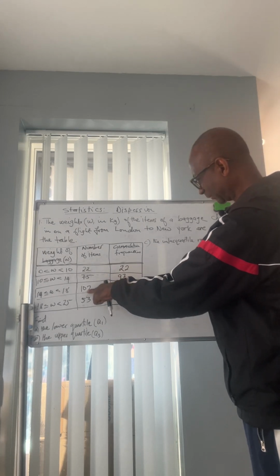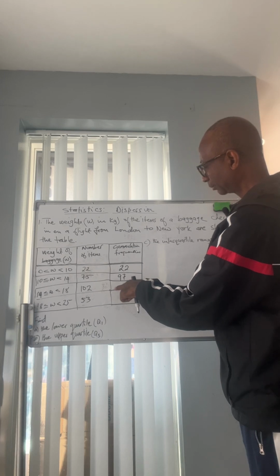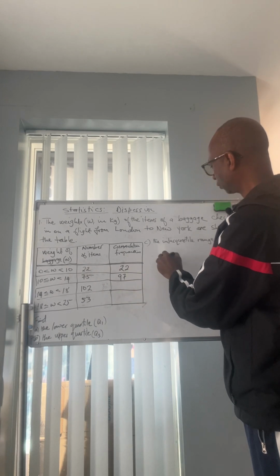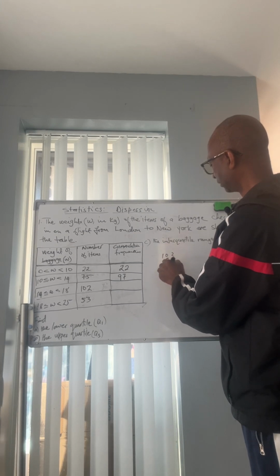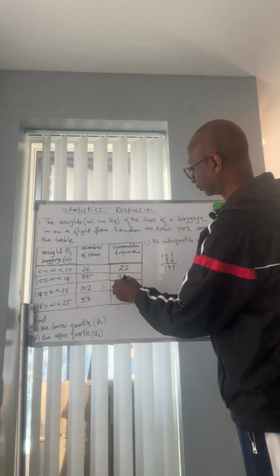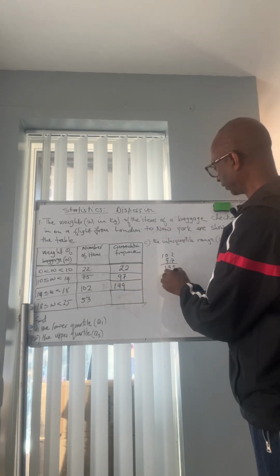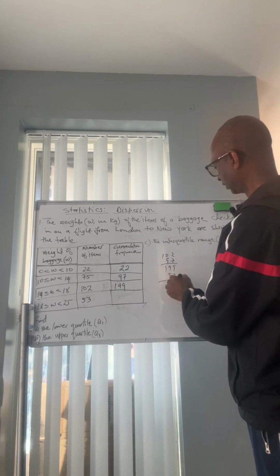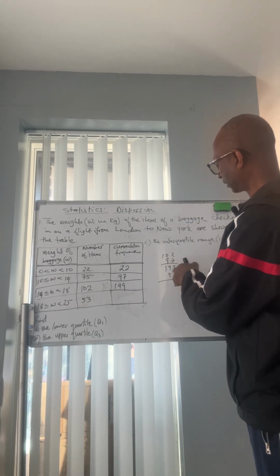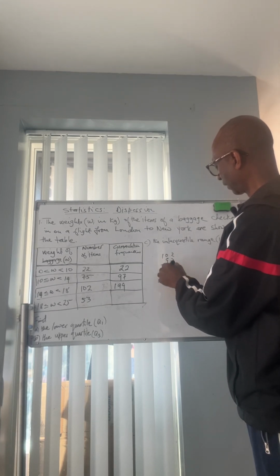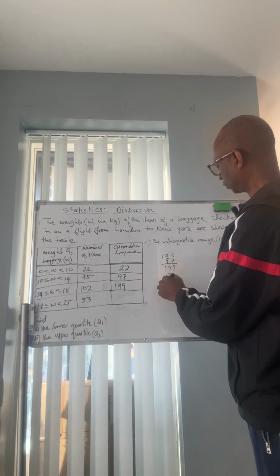If you add 97 to 102, you get 199. If you add 53 to 199, you get 252.